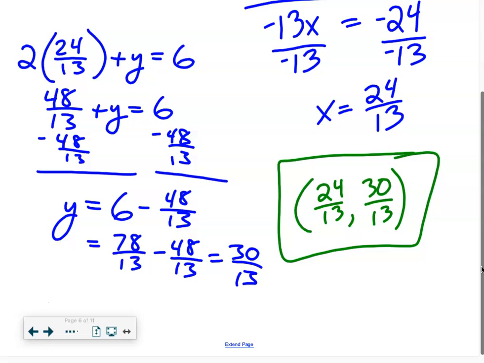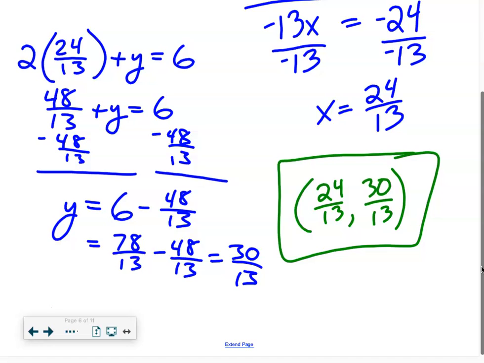Any questions on just the elimination part, regardless of fractions? Jesse, how you doing? I did it differently. Okay. Did you get the same answer? For x I did, but then for y, I got y equals 1 and 1/5. 1 1/5? Okay.